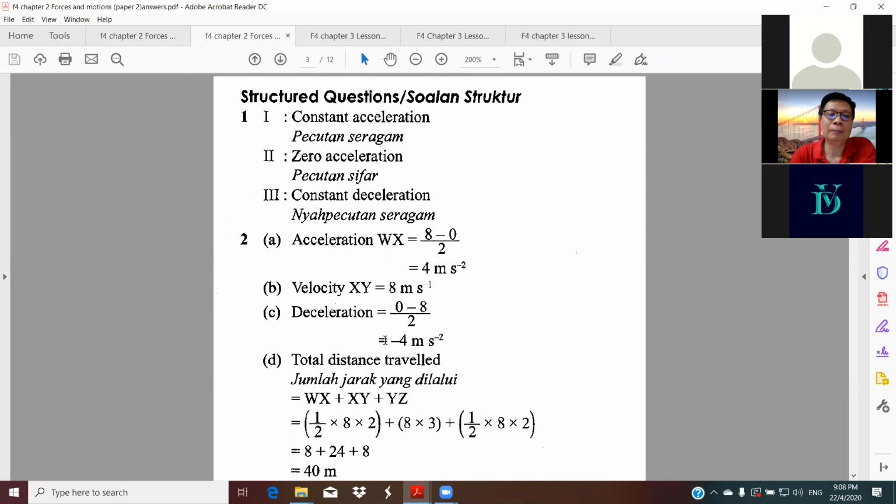But actually, this answer is not correct. If deceleration, you should give the answer positive. If the question asks for acceleration, then you give negative 4. If deceleration, you don't take the negative value. Acceleration, you take -4. Deceleration, you take 4 only. All right, D.